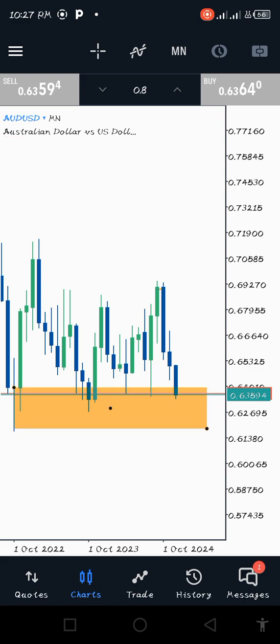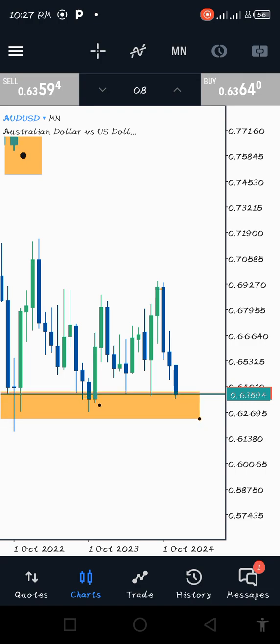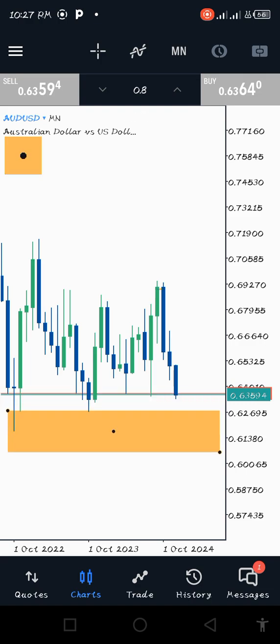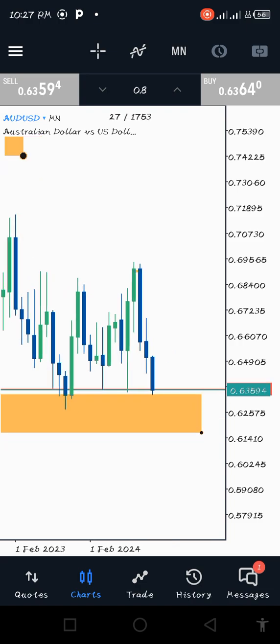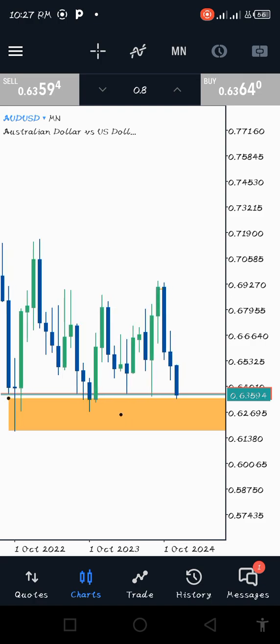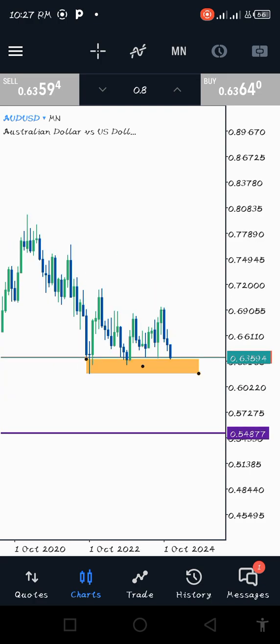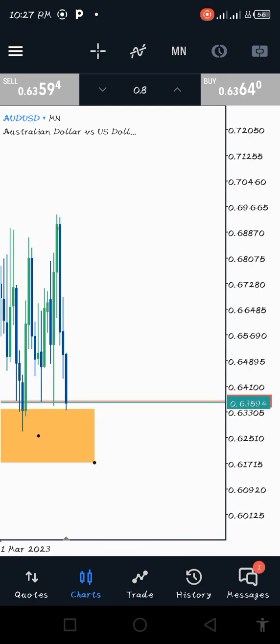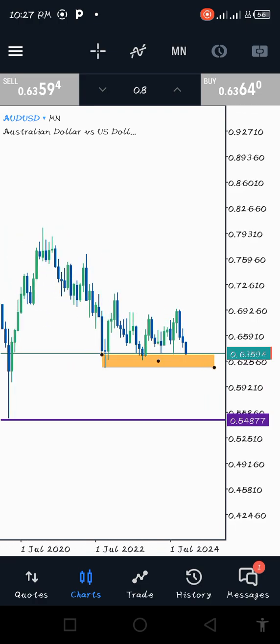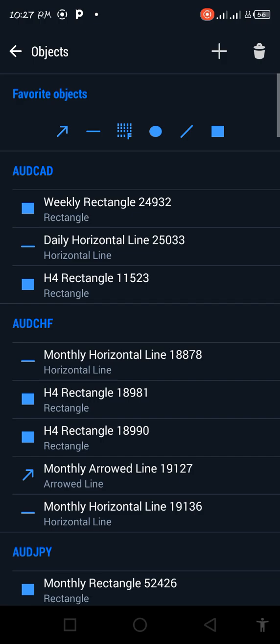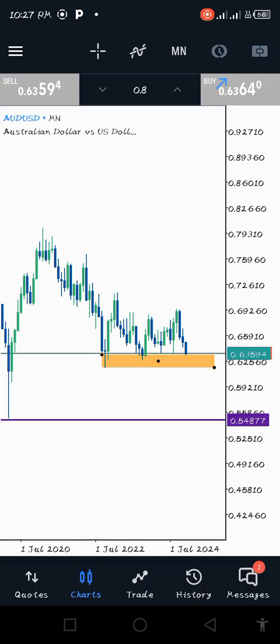For a major support zone to be formed on the monthly time frame, you should know that it is a very strong zone that can hold price above. But if we break below that zone, where do you think we will be going? We will be going to this zone where this line is.